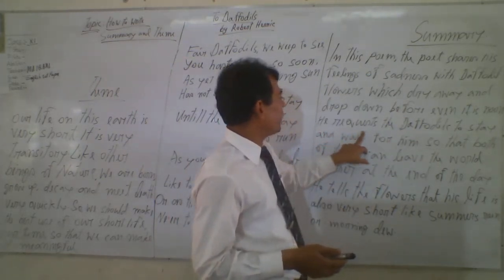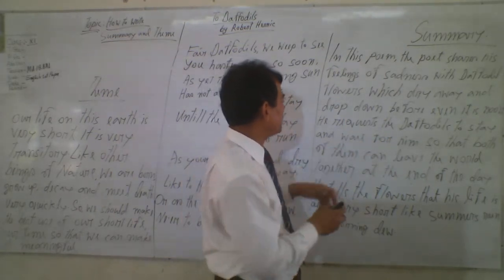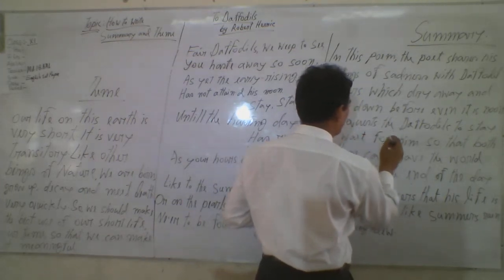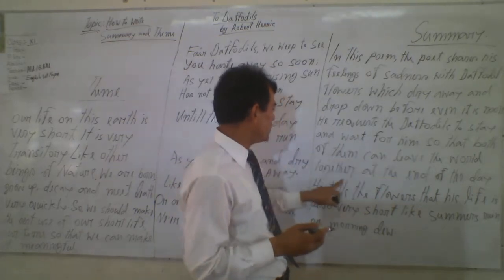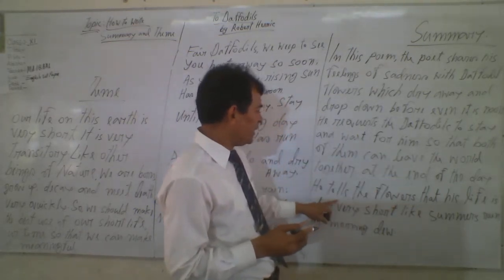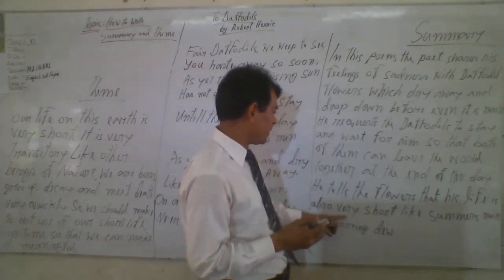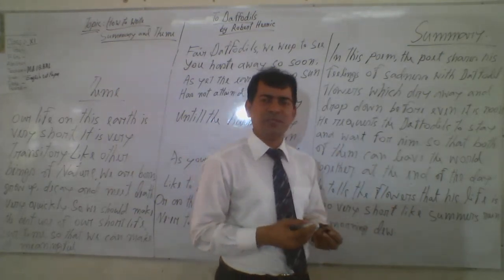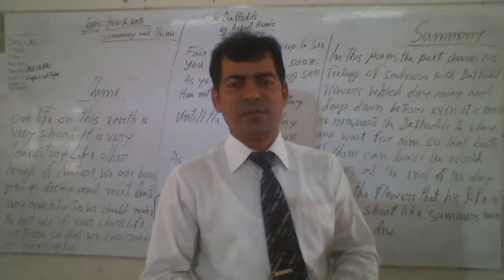He requests the daffodils to stay and wait for him so that both of them can leave the world together at the end of the day. He tells the flowers that his life is also very short, like summer's rain or morning's dew, or like that of the daffodil flowers.